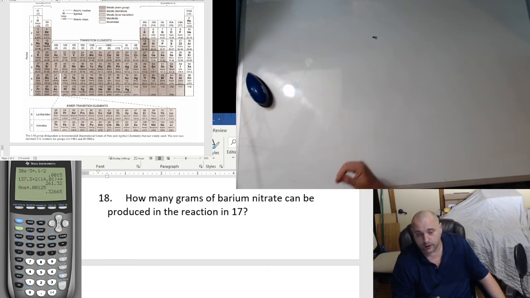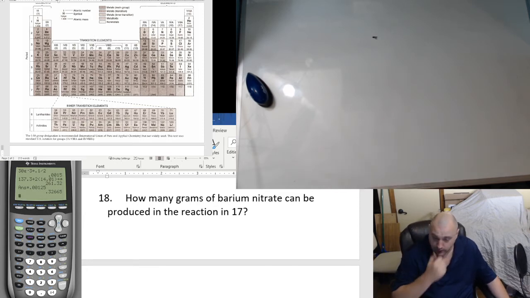Then tell you how many grams or milliliters I started with and what the concentration was, and have you convert all the way over to grams, or even to number of atoms, or even molar concentration of the ions for the soluble one. So, man, we could do a lot with that.